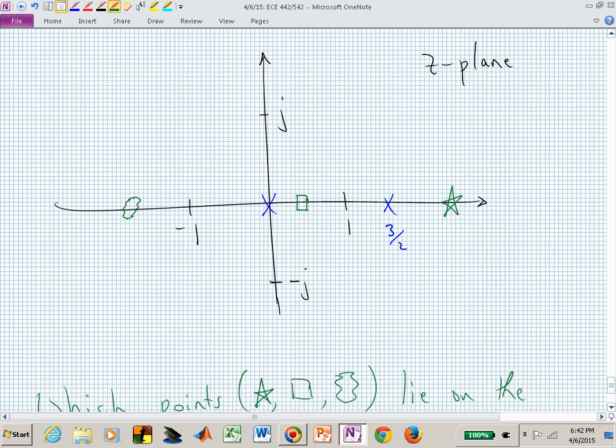We now need to determine which of those three, or all of them, 1, 2, or none, are on the root locus. That's our question. We want to know which of these pieces of the real line belong to our root locus.